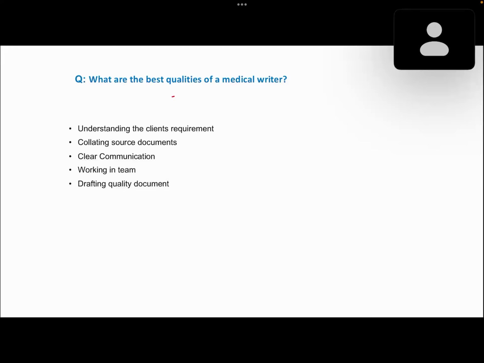What are the best qualities of medical writing? Understanding the client requirement, because if you are working with some CRO, contract research organization, mostly work is given to them by pharma company. And in contract research organization, it is always easy to get a job. And once you have experience, you can move to pharma. How to collect source document, clear communication, working with team.